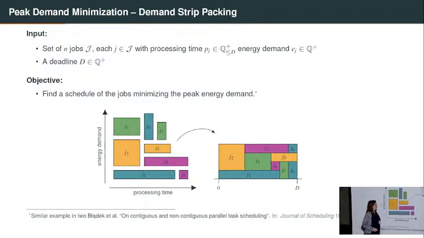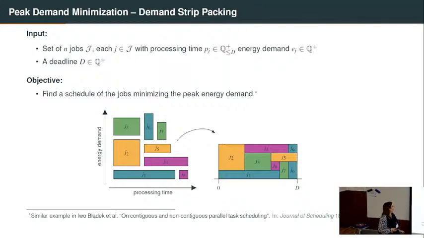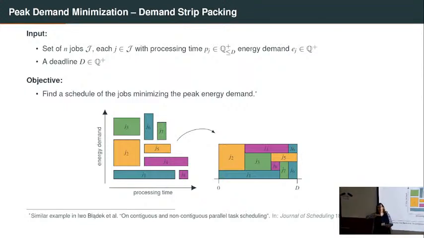Why do we want to minimize the energy demand? This can be important if you think about your energy grid and you don't want to use too much energy in that grid at the same time, so you want to minimize the peak.